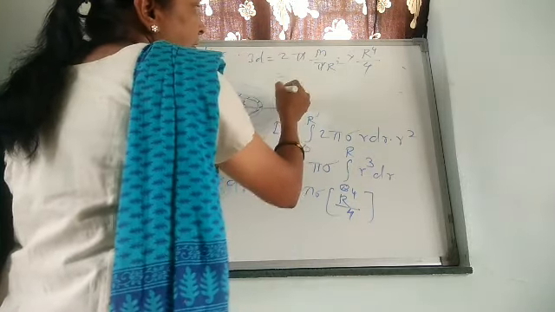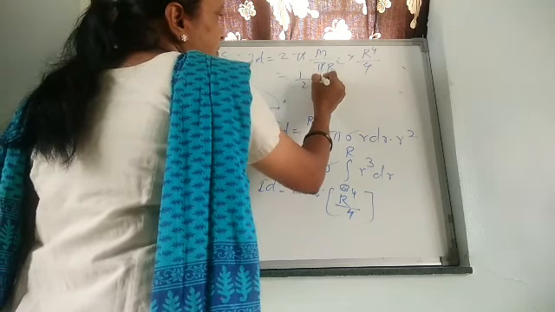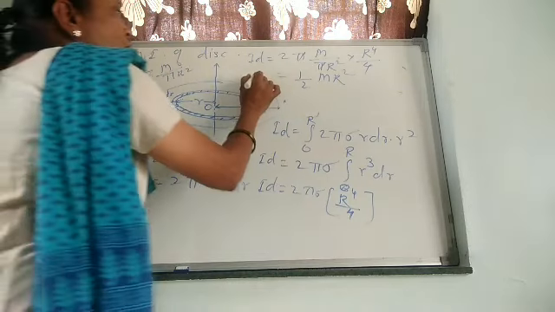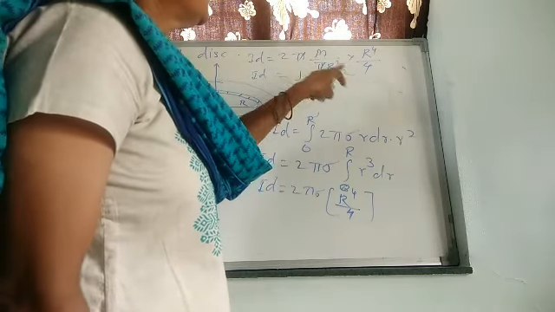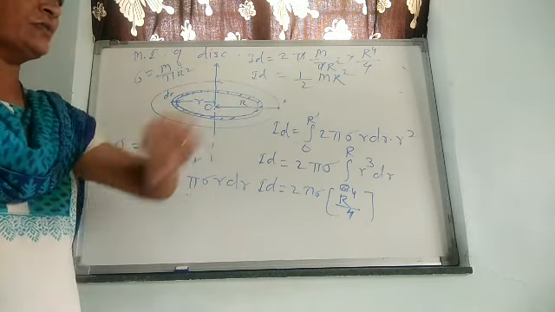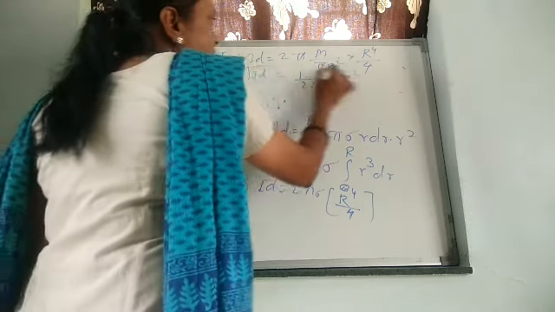Pi gets cancelled. This will be half m r square, that is m r square by 2. That is the moment of inertia of the disk, I_D is equal to 1/2 m r square.